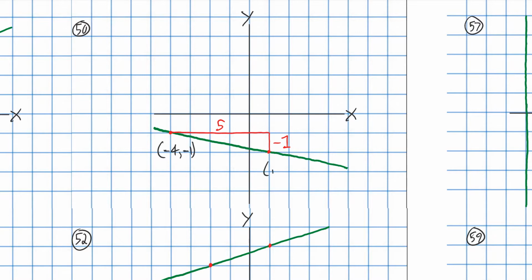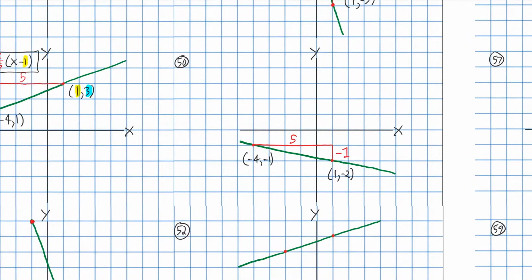And this point will be 1, -2. Whoops, that's the wrong value there. I'm sorry about that. That should be y plus 1, x plus 4.